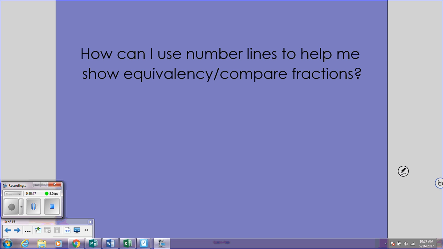Turn to the person or persons at your table. I want you to talk. How can you use number lines to help show equivalent fractions or compare fractions?